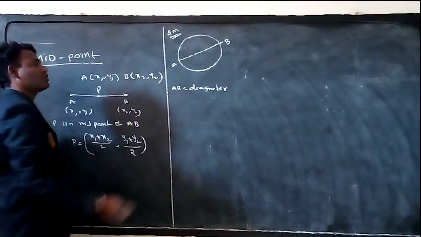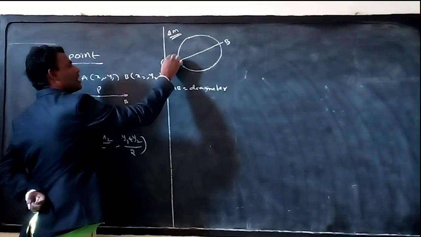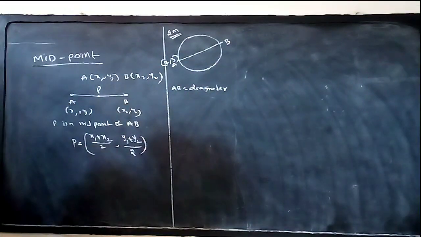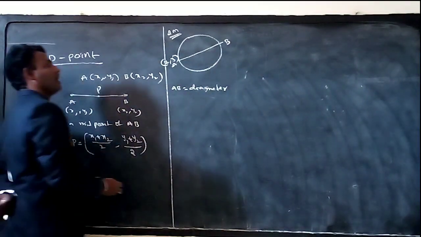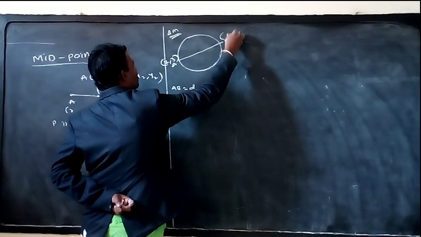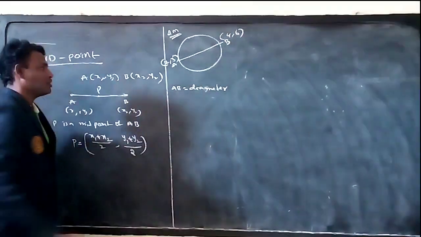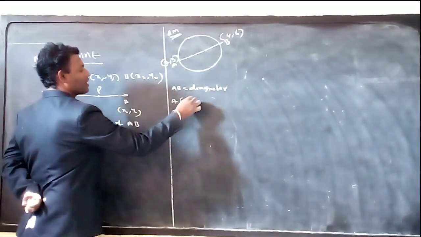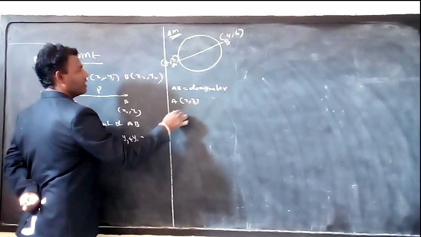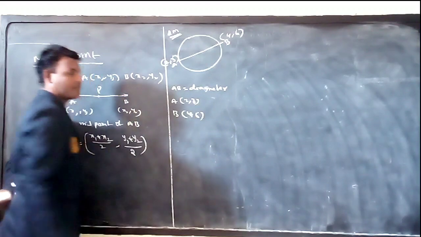One end of the diameter is (2, 3) and the other end is (4, 6). So the coordinates of A are (2, 3) and the coordinates of B are (4, 6).